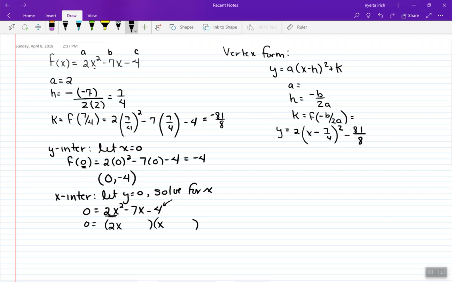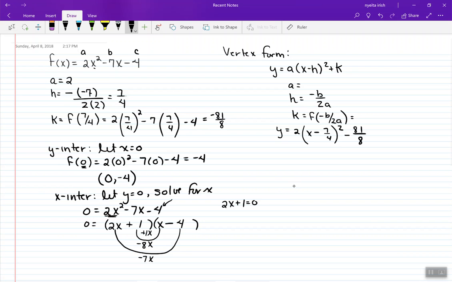And let's see. I think if I make this a plus and this a minus, I'll do 4 times 1. So I'm going to check it. Positive 1x, negative 4 times 2. That gives me the negative 7x in the middle that I need. Set each of those factors equal to 0.